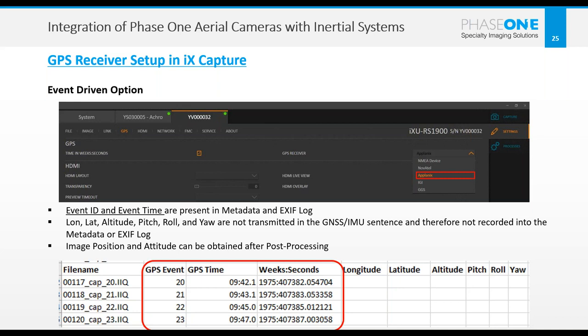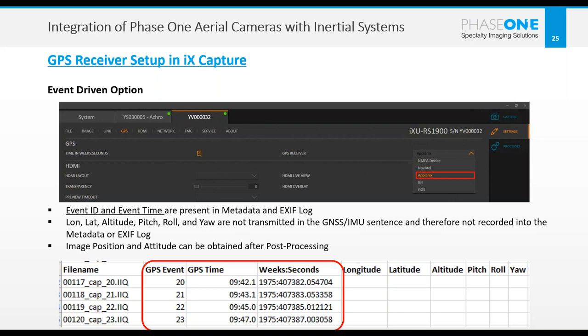Two formats, of course: GPS time and weeks of second. This is accurate. This is the actual instant where the event happened, meaning the mid-exposure pulse mark time.